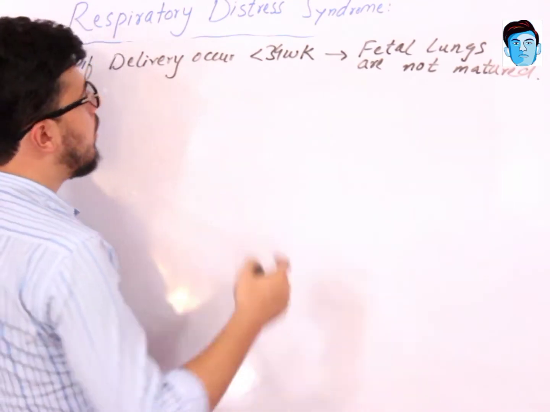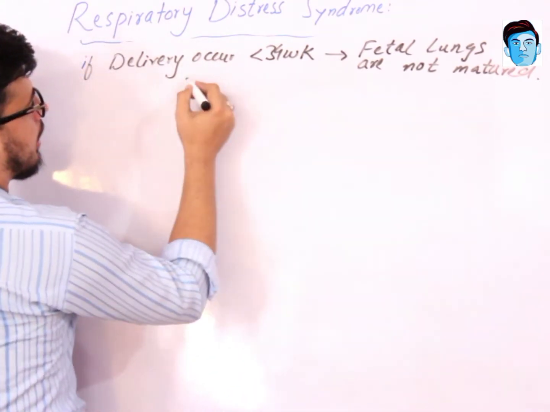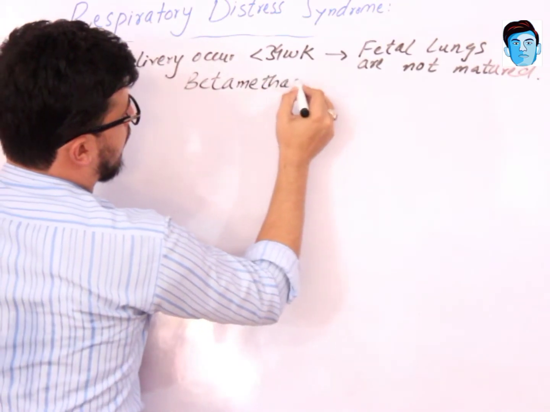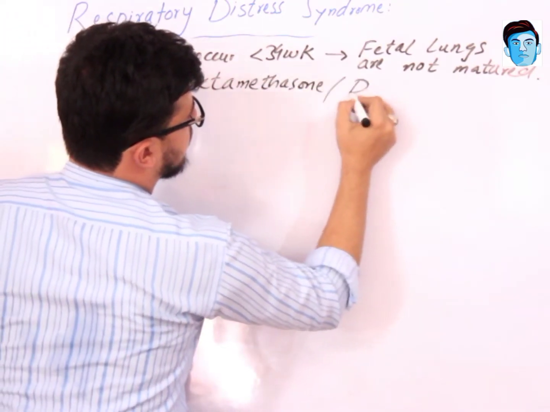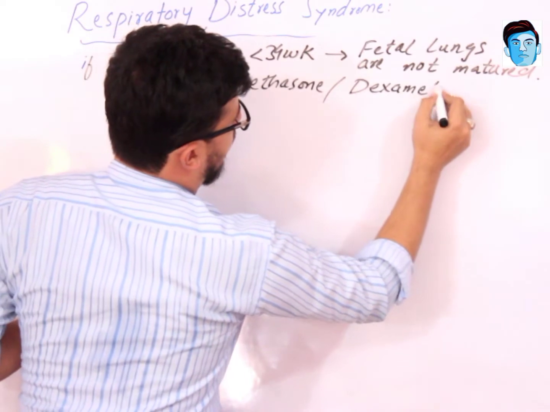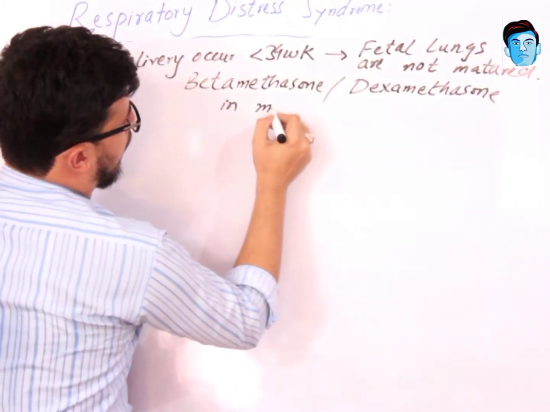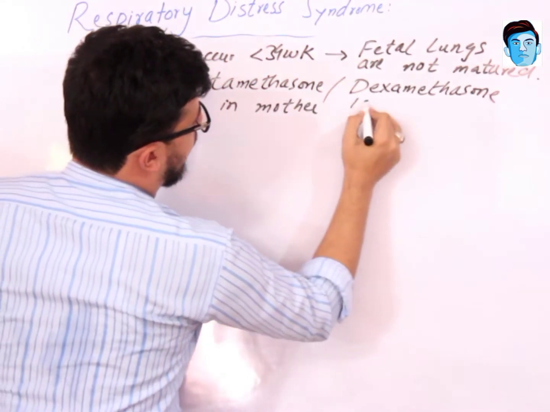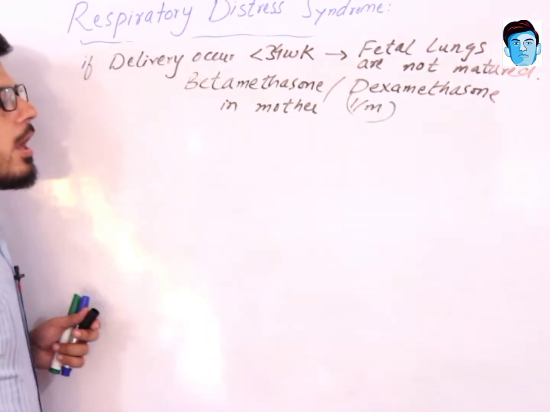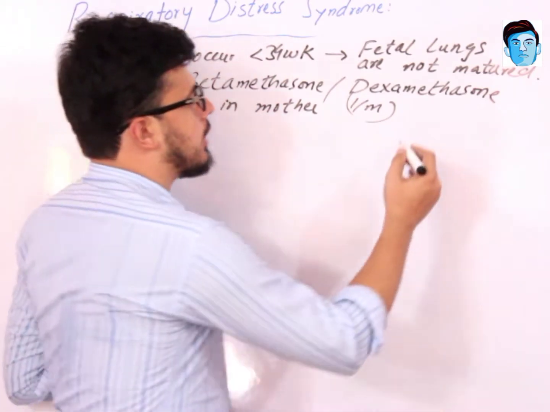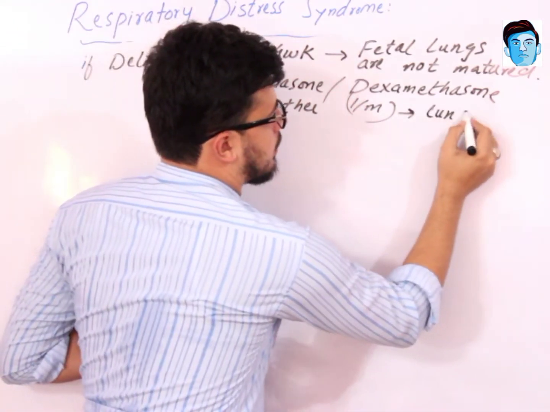In that case we will be injecting betamethasone or dexamethasone in the mother, in the form of intramuscular or IM, and it will help in lung maturation.